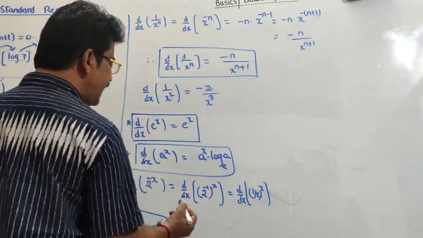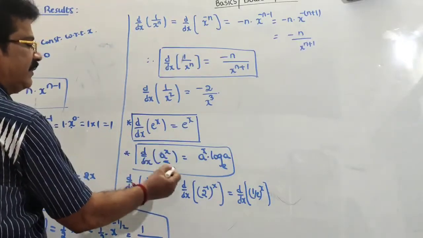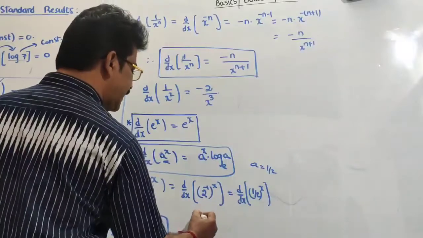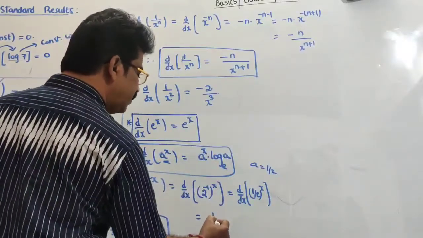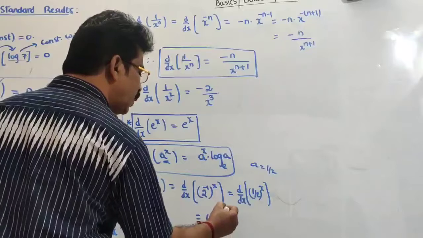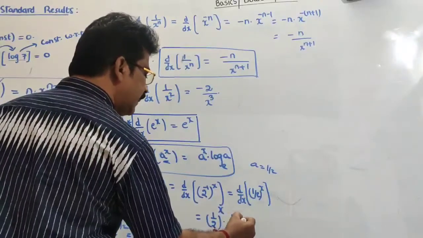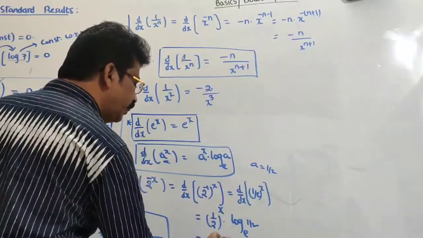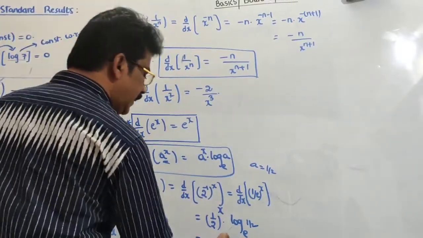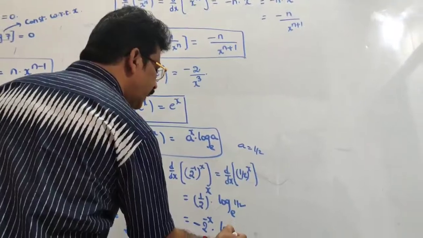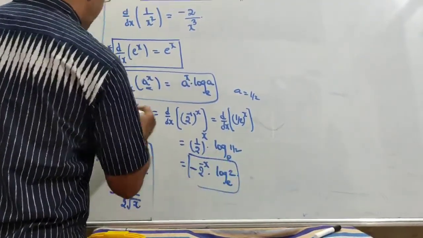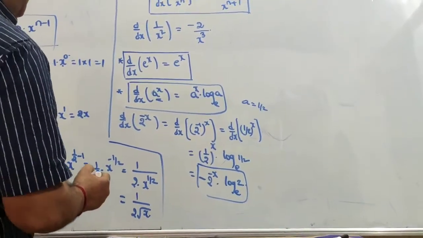Compare with a power x, where a is 1 by 2. So by the formula, a power x into log a base e, it is (1 by 2) whole power x into log base e of 1 by 2. So it is nothing but 2 power minus x into minus log 2 to the base e. This is the answer, d by dx of 2 power minus x.